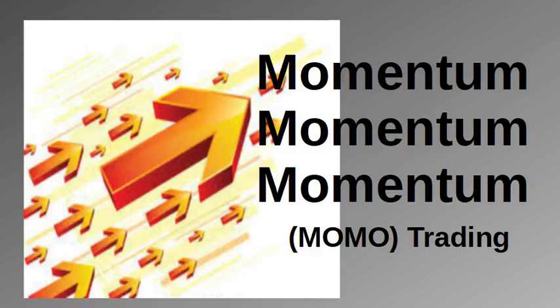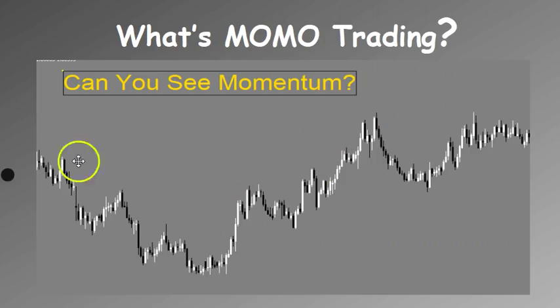Okay, so let's take a look at the chart here. Can you see momentum on the chart? Now, if you were to say momentum was here or here, basically we're looking at momentum, which can do one of two things. One, momentum increases or accelerates, or it stalls and basically slows down.